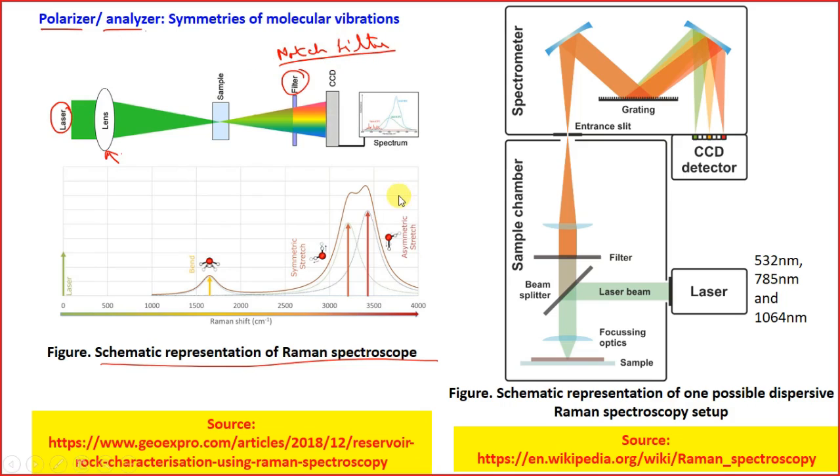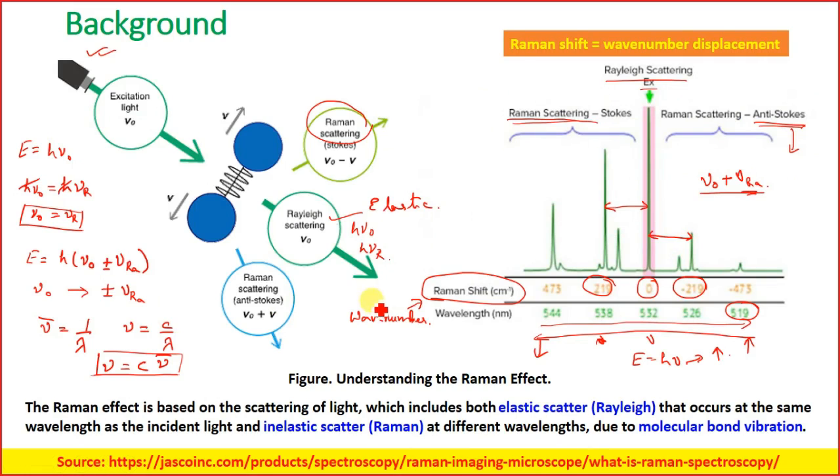Okay, this is basically a notch filter, and in this notch filter, we suppress the wavelength of the laser. The reason is that, apart from the Raman scattering, we also have Rayleigh scattering. Rayleigh scattering has the same frequency as the original excitation frequency, and its intensity is very high.